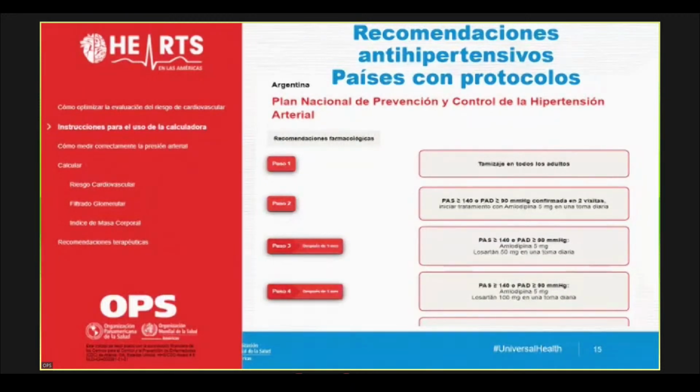So this patient had high blood pressure, and in the calculator, we include all the recommendations for hypertension control in 12 countries that have protocols. In Argentina, it is suggested that you begin with amlodipine and then go to losartan.